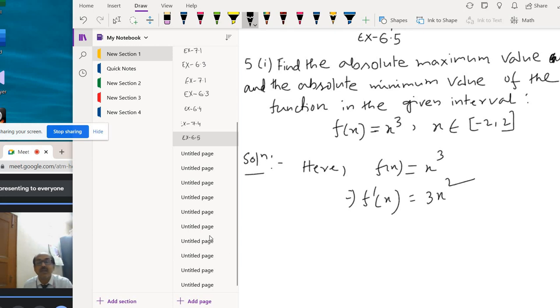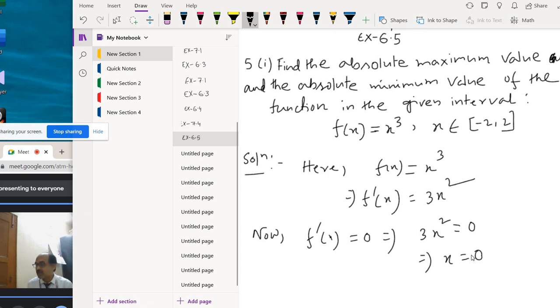Now f dash x equal to 0 gives 3x square equal to 0, so x is equal to 0. So we will get the point x equal to 0.